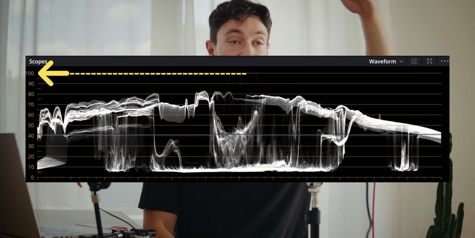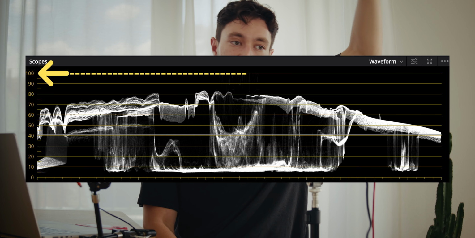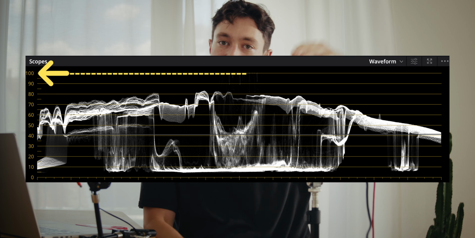The 100 IRE would be the absolute white point where we have no information, and 0 IRE would be the absolute black point that we also don't have information. So our whole image is between this 0 and 100 level. It's just to know how bright an image is with this unit of measurement.